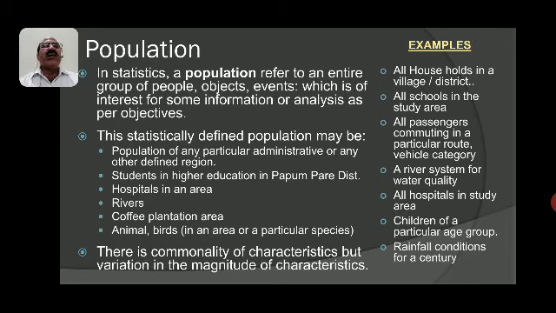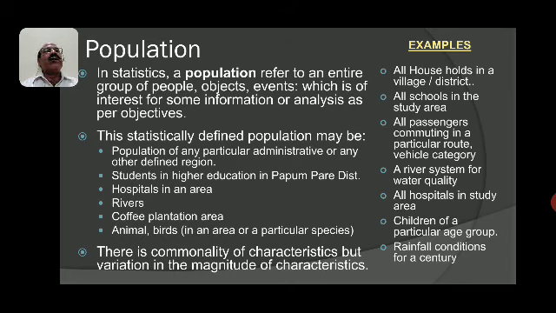Likewise, you can define an area, or you can take a bird species, say hornbill in Arunachal. Then all the hornbills will be the population within Arunachal, not beyond Arunachal. So there is commonality of characteristics, but variation in the magnitude of characteristics. Okay, they must be common.